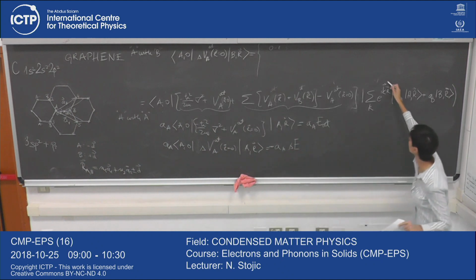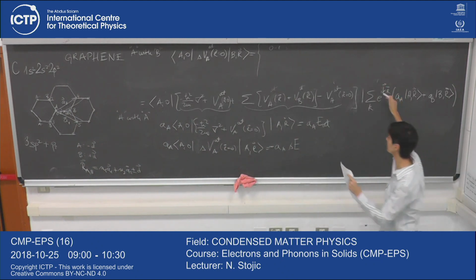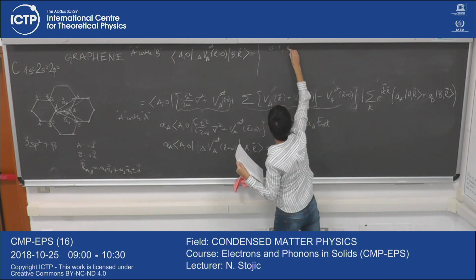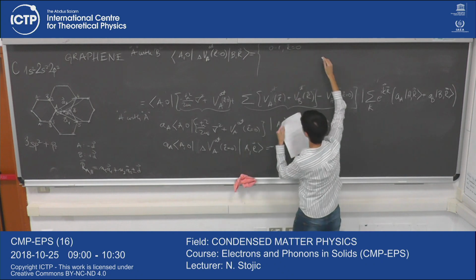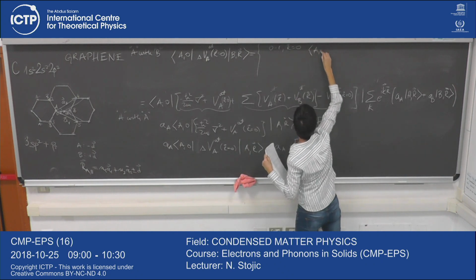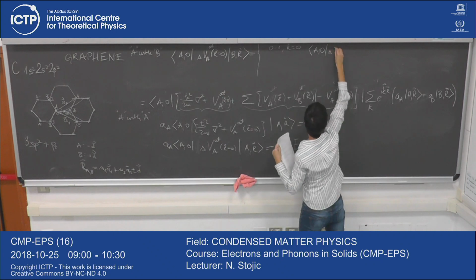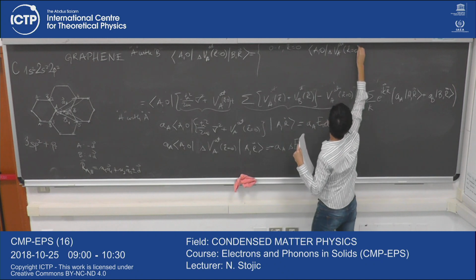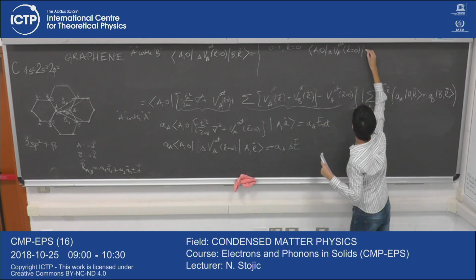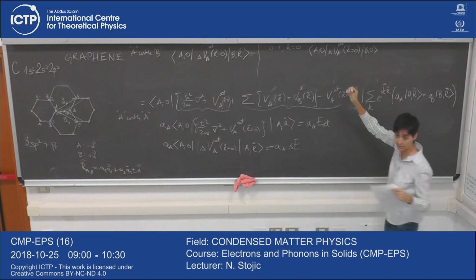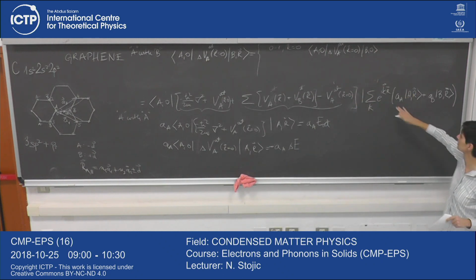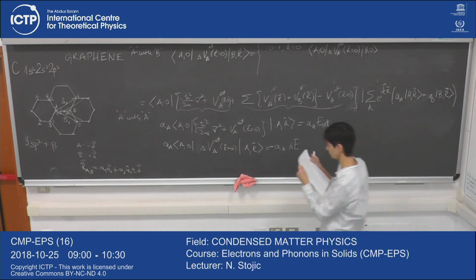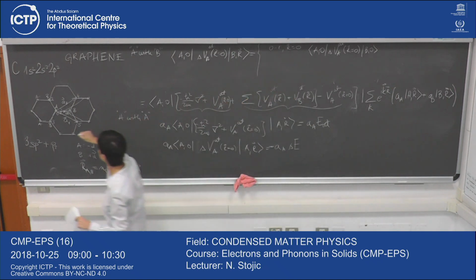Now I use this part because I will have some R for all the neighbors. But the first one is R equals 0. Let me just write 0 delta VA atomic of R equals 0, V0. There is no phase factor in front because this is 0. The whole thing is 1. Fine. So this is 0, 1.